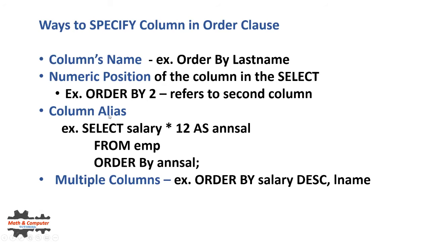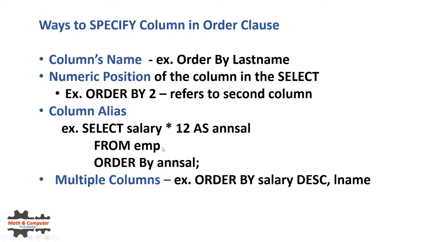Then the column's alias name can also be used in the ORDER BY clause. For example, SELECT salary * 12 AS ansal. It means that you will display data which is the product of salary times 12, with the alias name ansal, from the employee table or EMP table.